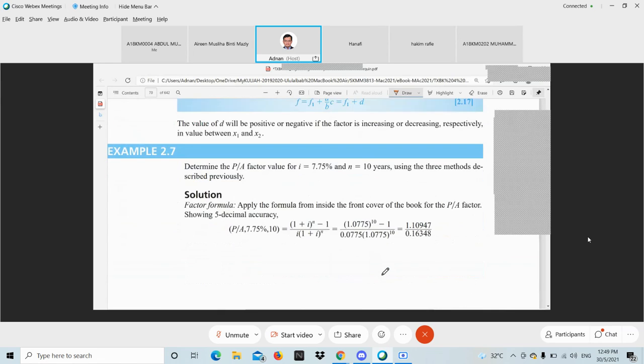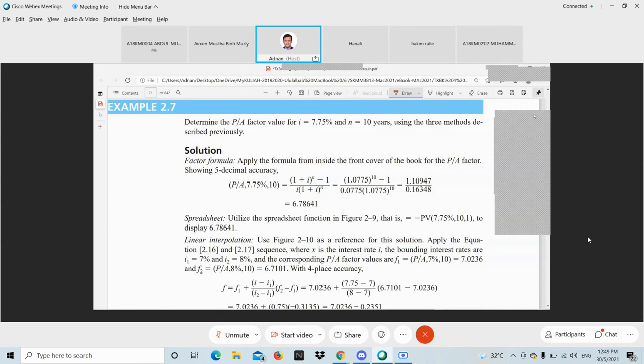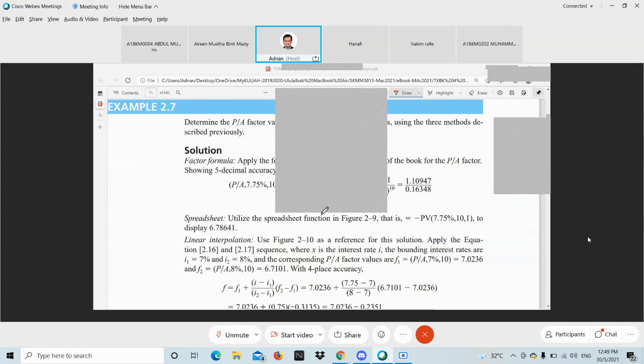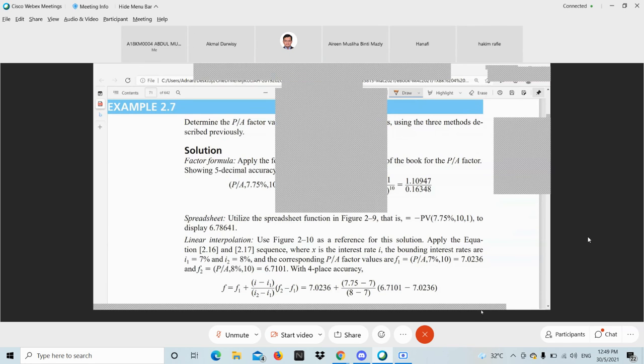Okay, before we finish today, any question? Okay, saya nak tanya Akmal Darwish. Okay, apa yang kita belajar hari ni, Akmal? Hari ni kita belajar pasal engineering ekonomi dan belajar pasal time value of money.